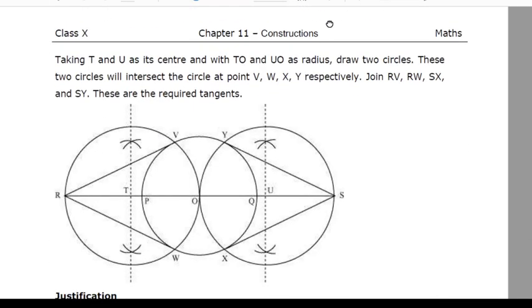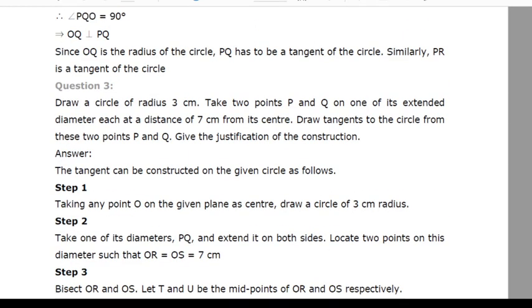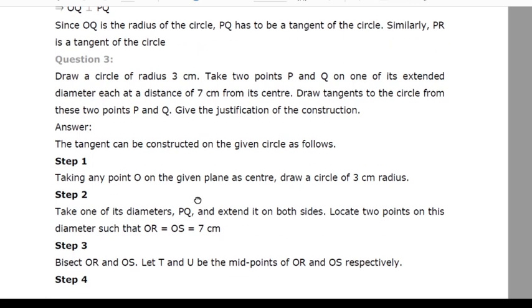Okay, see how you can do it. Just draw the circle and you have to extend this diameter. Okay, and locate the 2 points P and Q on the extended diameter, 7 centimeter from its center.